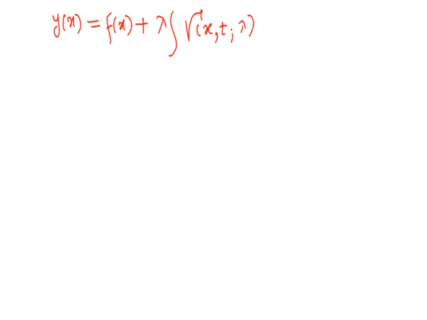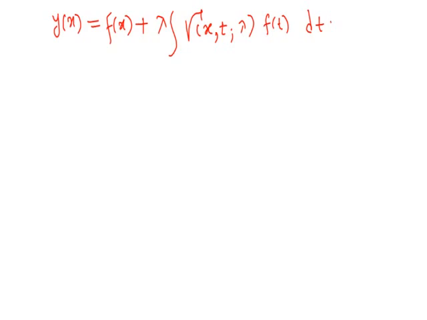So we have seen that y of x is equal to f of x plus lambda times the integral of some resolvent kernel, which is a function of x, t and lambda, times f of t dt.